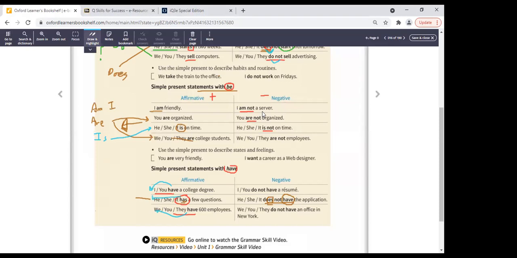Okay. Or I am not. So we can either say I am not, or we can say I'm not. Can we say I amn't? No. Okay, so there's only two. For this one, we can say I am not, or we can say I'm not.